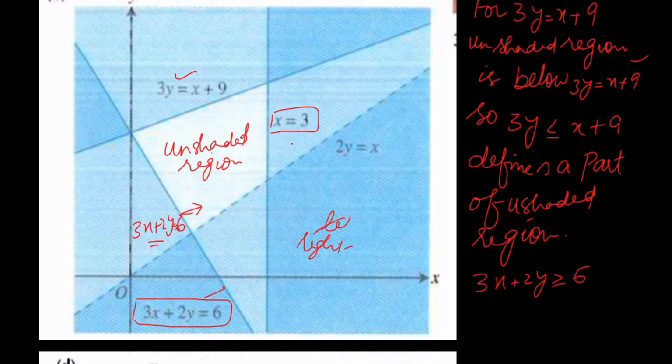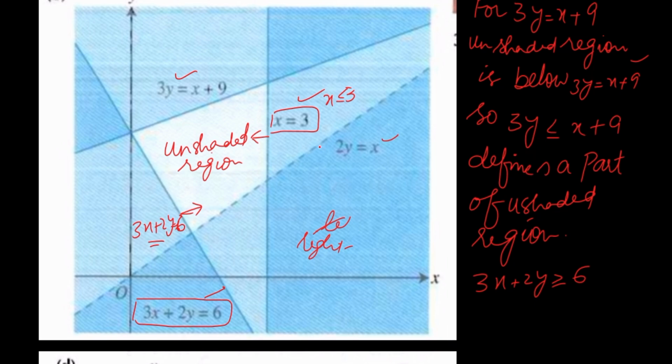The last one, x is equal to 3. This is a vertical line that consists only of one variable, and the unshaded region is on the left side of this. So the associated inequality for this is x less than or equal to 3 here. The last one, 2y is equal to x.